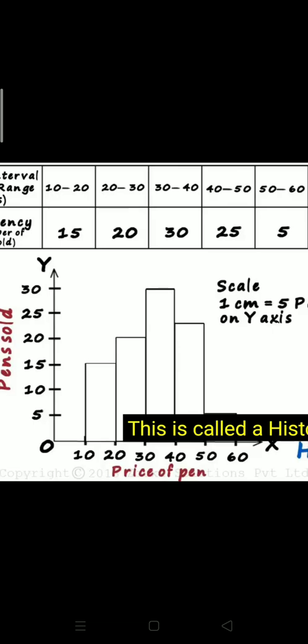The class intervals are connected because they are given as continuous. Such a graph is called a histogram. Clear, kids? So, what is the speciality of a histogram? The speciality is that there is no gap between the bars. Why? Because there is no gap between the class intervals. Clear, all of you?